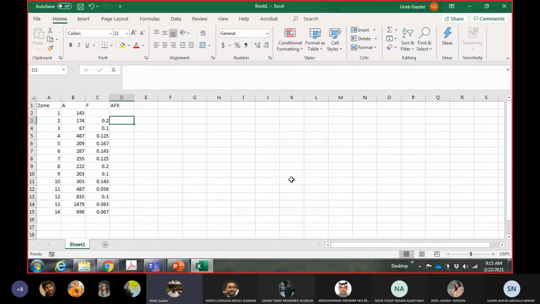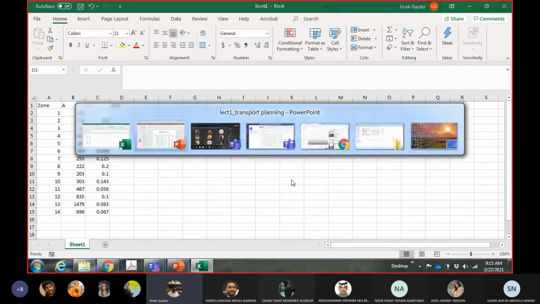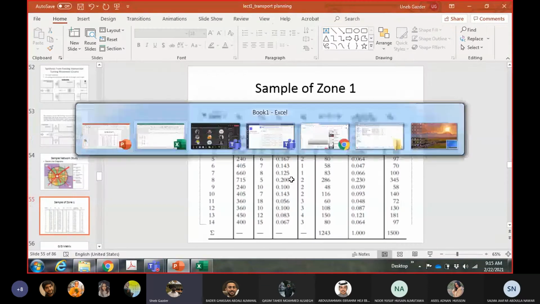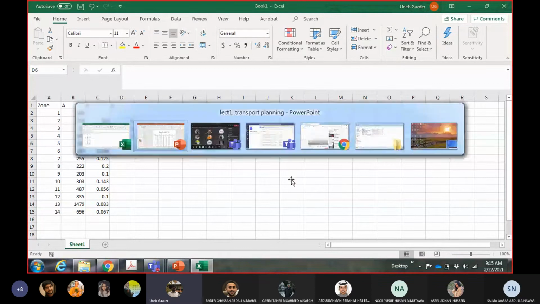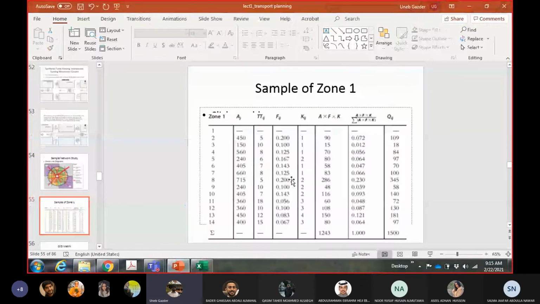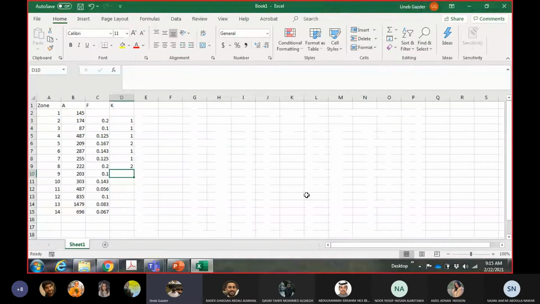So now I can calculate the AFK factor. Sorry, let me write down the K values as well. I need the K values, right? So it is 1, 1, 1, then 2 and 1, 1, 2, 1, then 2 again. How many 2s are here? 1, 2. Then 4.